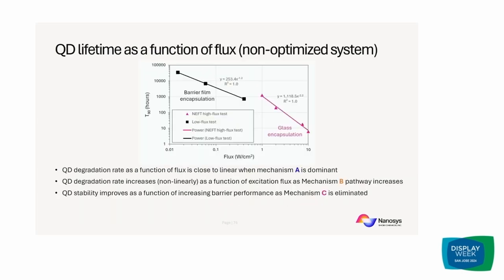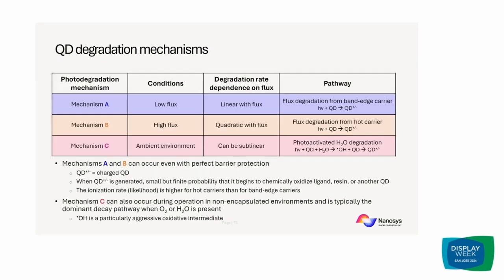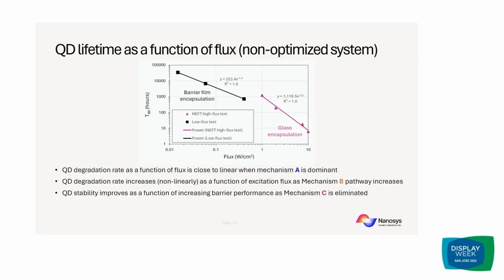Some of these have to do with fundamental studies. I had mentioned on this chart here the functional form of the degradation as a function of excitation flux. So some of this is how we identify and characterize what is causing this degradation model. If you look at the lifetime, or how long the material performs, sometimes we'll characterize these as the LT50 that I described for the QDEL devices, or in this case, it's a T90, so a time until it reaches 90% of its original performance.